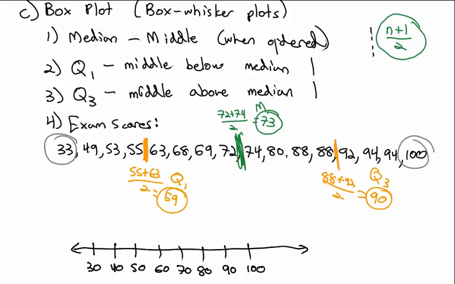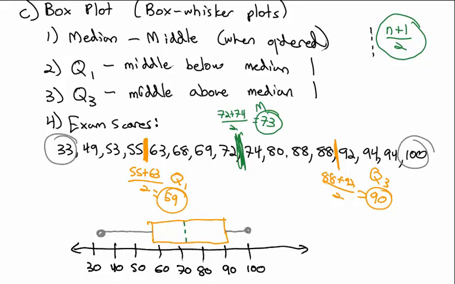And we're going to do a dotted line at 73 to represent the median, a solid line at 59 and at 90 to represent the quartiles, and then we connect the box through that. So that's where we get the box. The whisker then goes out to the low value of 33 and out to the high value of 100.